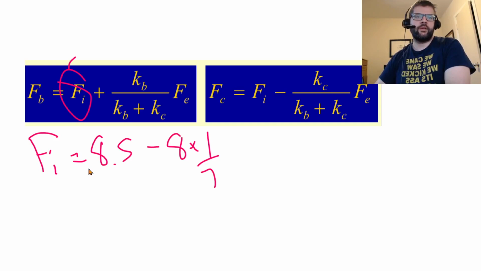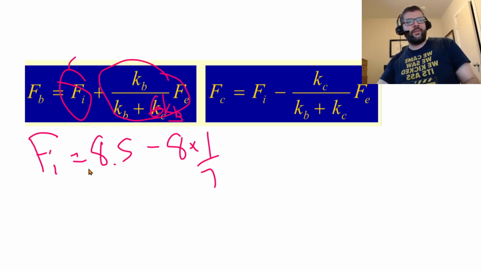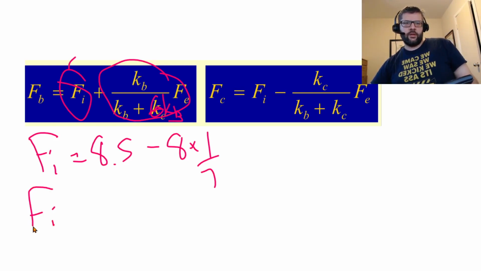Keeping in mind that this Kc here is 6 Kb, so this cancels out to 1 over 7. So our Fi is 8.5 kips minus 8 times 1 over 7. That gives us an Fi in that condition of 7.36 kips.